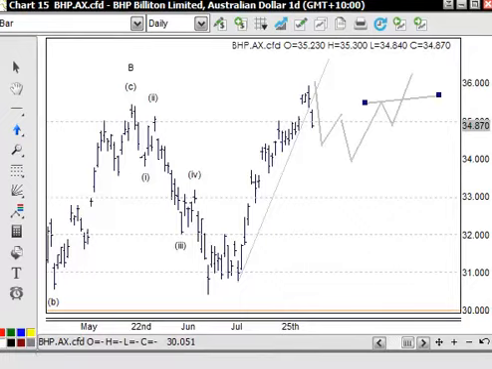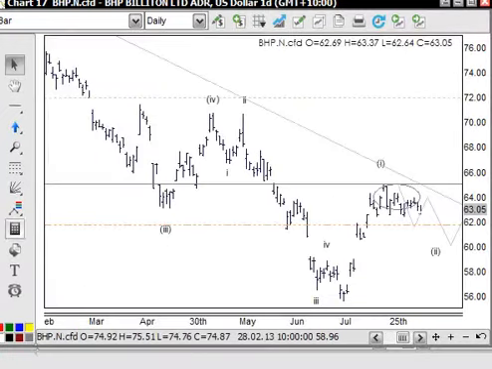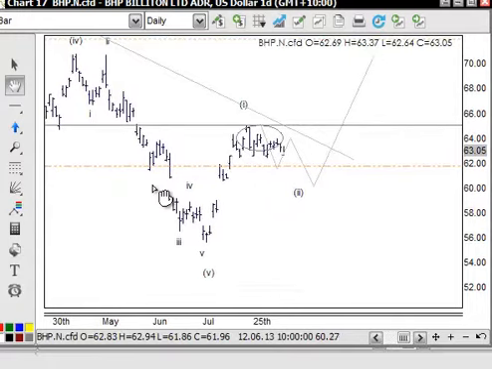The US BHP hasn't really moved that much as such. We've had this here for quite some time, as you know, and it seems quite corrective in here. We just need to allow it to unfold a bit further. But as soon as we can see some strength in the general market, we can go in and buy this.